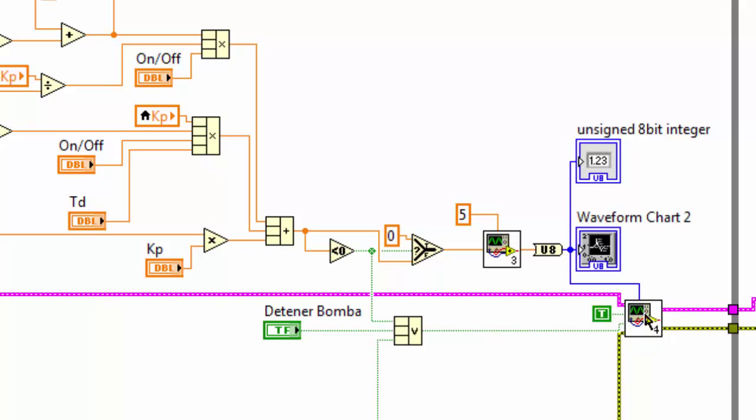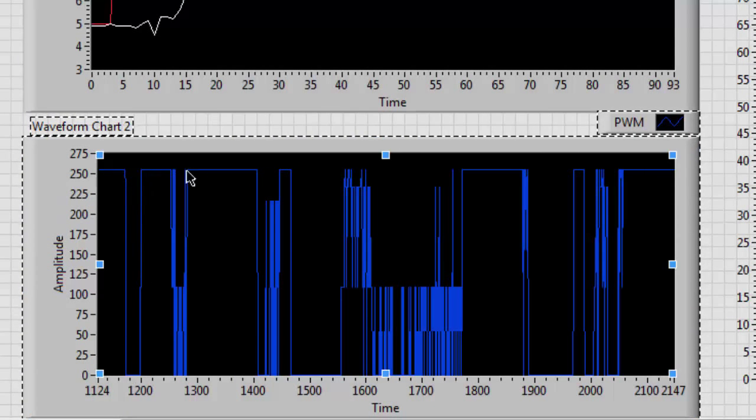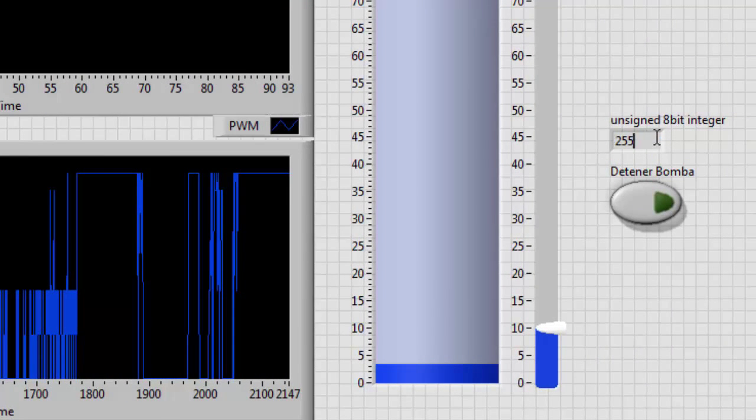In this block, we activate the pump with the motor shield, and we also plot the PWM values we sent, and we also have an indicator of the PWM we are sending. In this graph, we can see the values of PWM we are sending, and in this indicator we see the value.